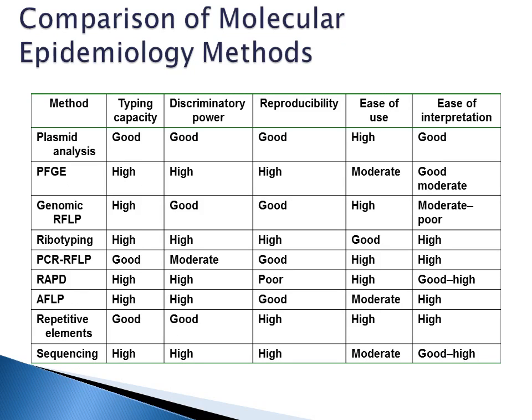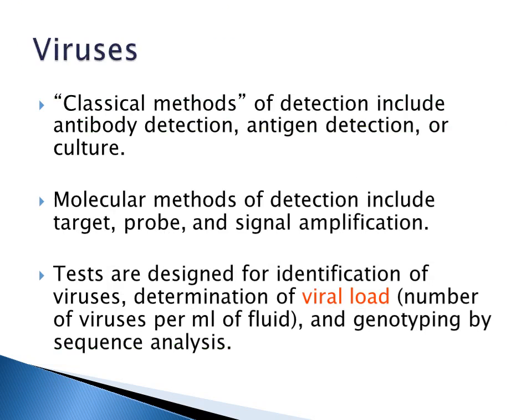Comparison of your molecular epidemiology methods. So here you have your various methods, the typing capacity, the discriminatory power, the reproducibility, the ease of use, and the ease of interpretation. So viruses, classical methods to detect viruses include antibody detection, antigen detection, or culture.